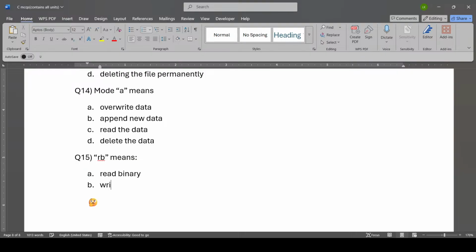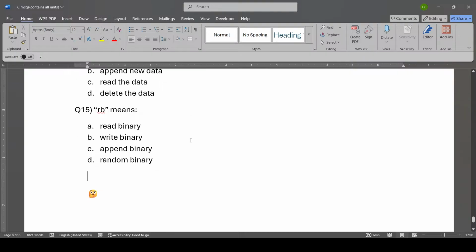Next is write binary. Next is append binary. Next is random binary. Okay, now think and tell me which one is the best option or the answer here. Question number 15.